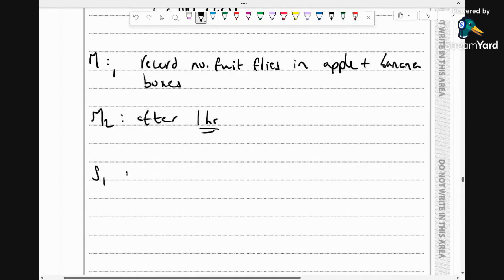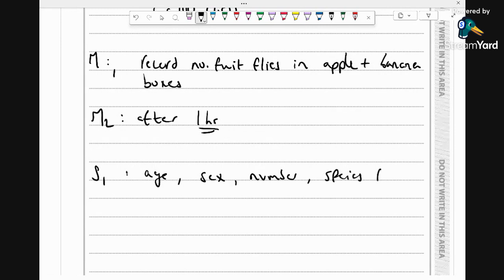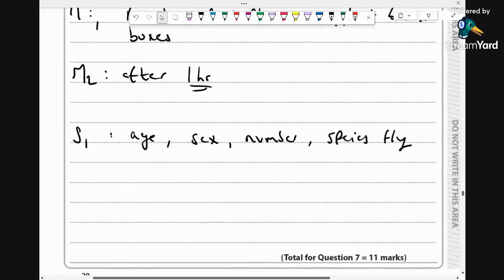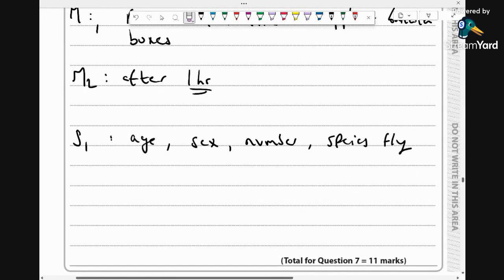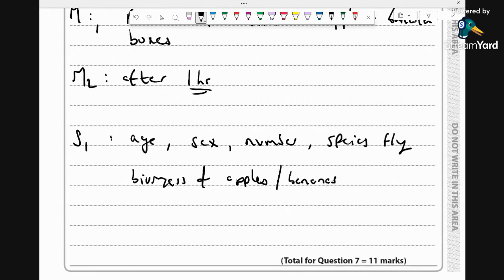So what am I going to keep the same? I'm going to control the age, the sex, the number, the species of fly. I'm going to control the biomass of apples and bananas, which I've already said, but can say it again. I'm going to control maybe the temperature of the boxes, make sure that's the same.